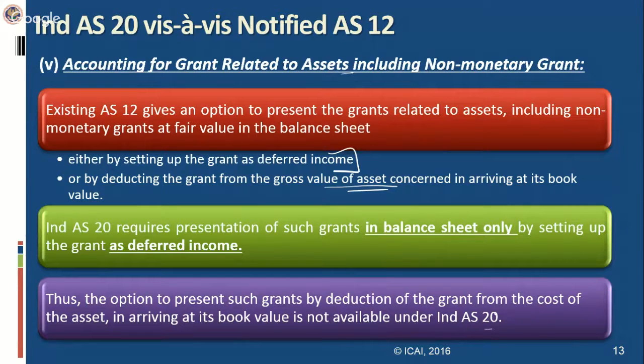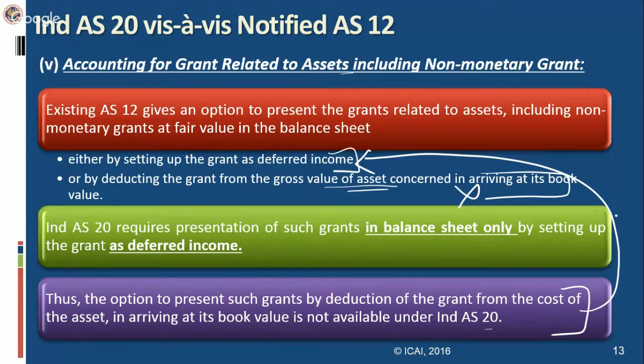So here we cannot say it's a difference as such. Ind AS 20 is prescribing only one treatment, and that is creation of deferred income. They do not allow you the option to reduce it from the cost of the asset.